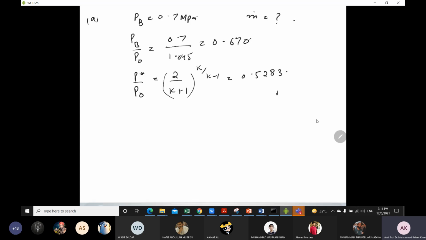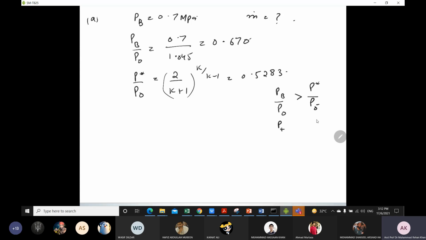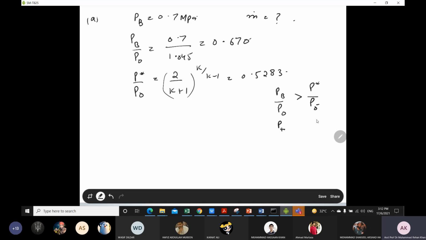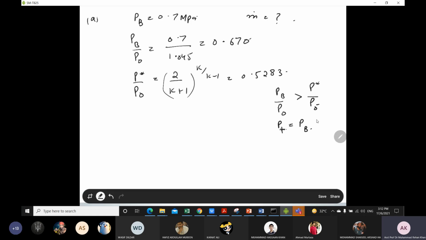So in this case PB by P naught is greater than P star by P naught. It means our flow lies in the subsonic region, and your throat pressure, or you can say exit pressure, is equal to back pressure. This is the main important point, and from this data we can figure it out.